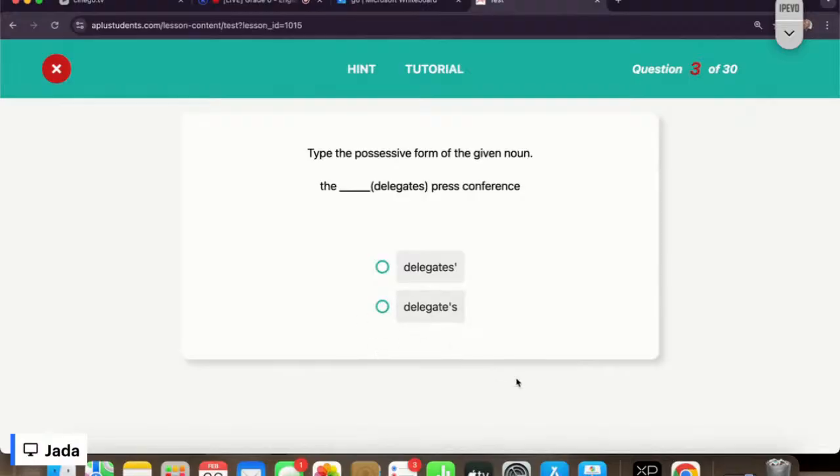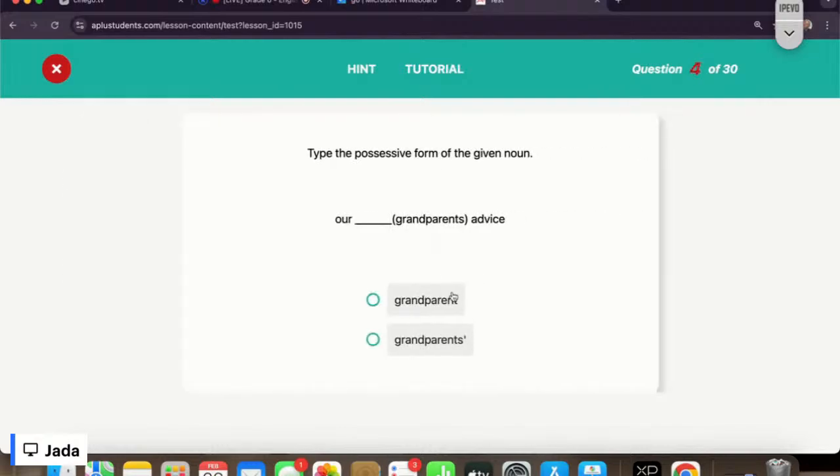So we have the second or the first. Alright, the first one because it's plural possessive. Our grandparents' advice.